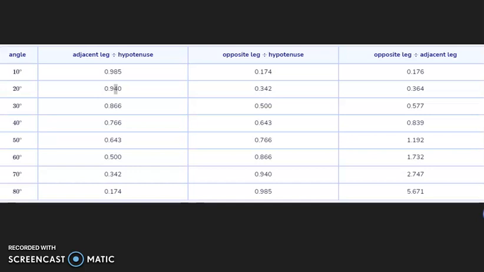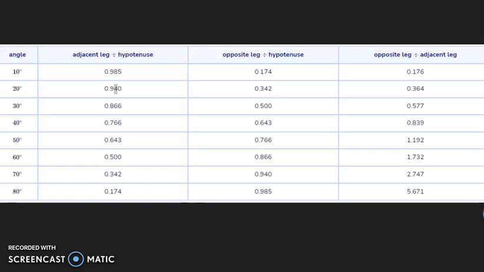For example, for 20 degrees, adjacent leg divided by hypotenuse, we came up with 0.939 to their 0.940. So if there was a thousandth of a difference between our answer and the textbook company's answer, next to the answer in parentheses write their answer down, because they may be asking you questions using these answers instead of the ones that we had slightly off by a thousandth. So I want to make sure that if we have a problem where they're using, let's say, 0.940 for 20 degrees instead of 0.939, we at least have their answers also available in our table.